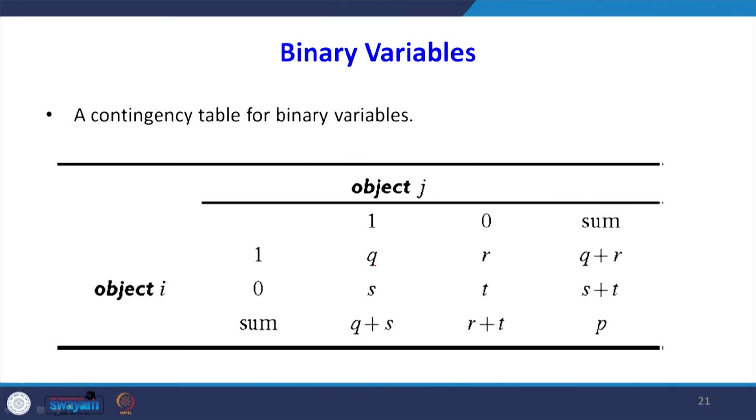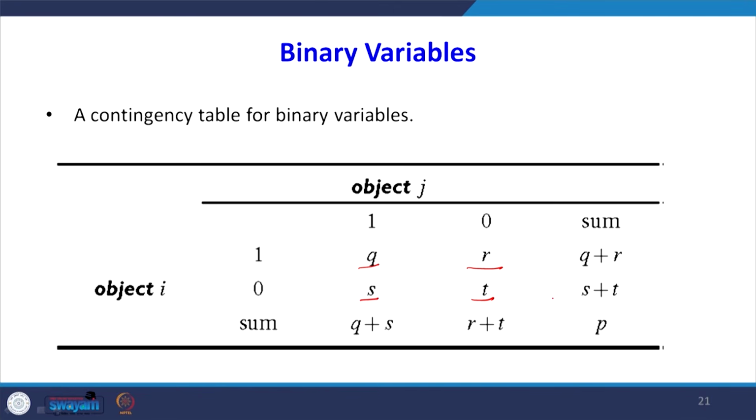So q represents the number of values where object i takes value 1 and object j also takes value 1. R represents i equal to 1, j equal to 0. This S represents the number of values where i equal to 0, j equal to 1. T represents both i and j equal to 0.